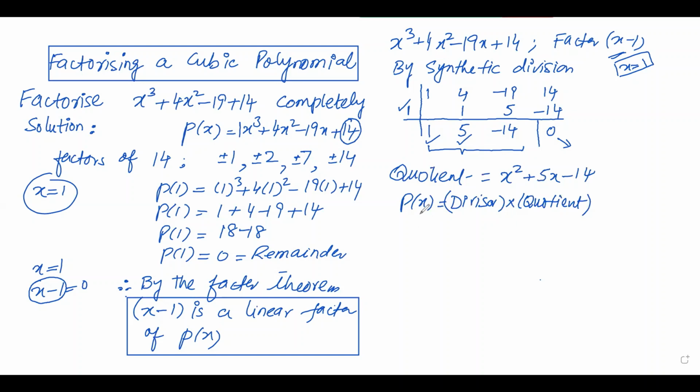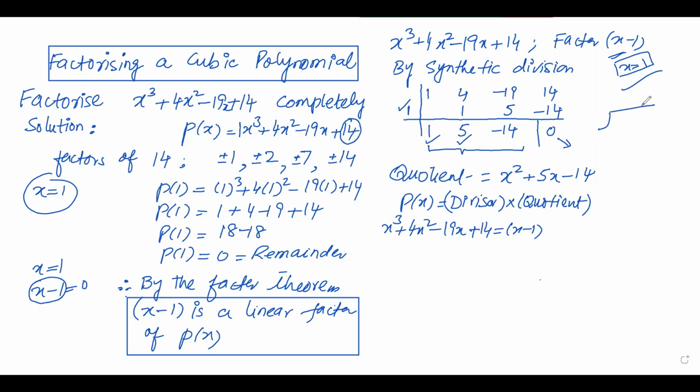So P(x), which is the given polynomial x cubed plus 4x squared minus 19x plus 14, is divisor, which is the factor. So x minus 1 is the divisor.